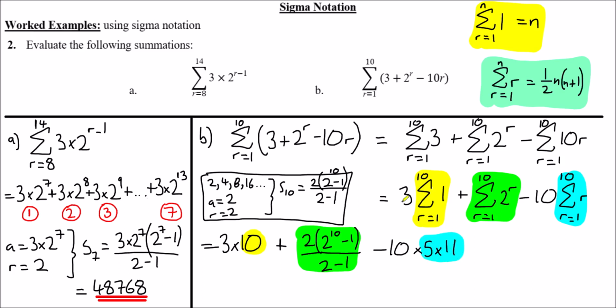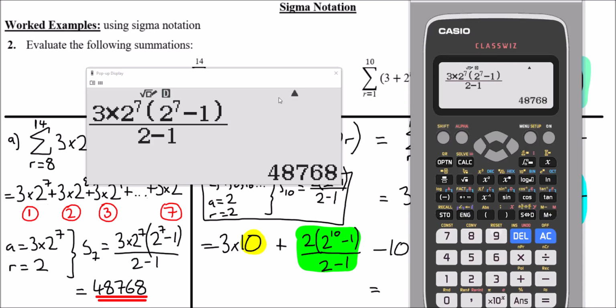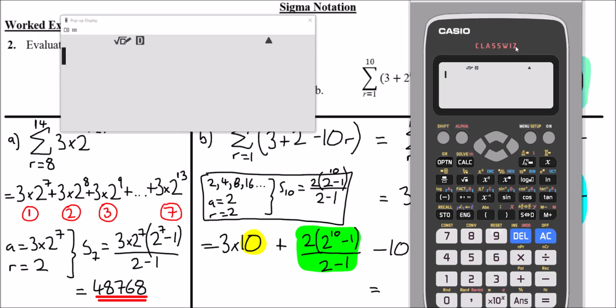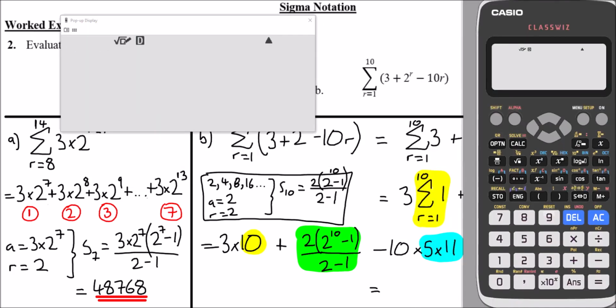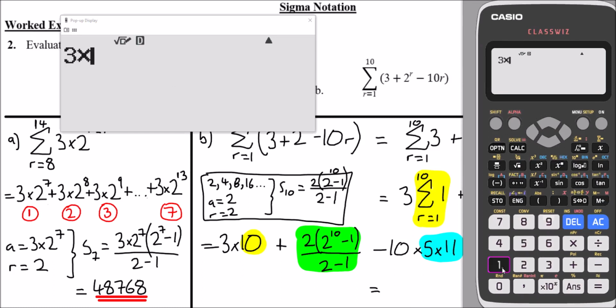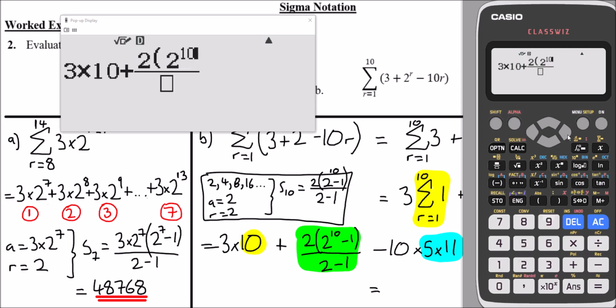So if we just type this into the calculator and see what we get, that will be our final summation. So just be careful as you type it in. So we're going to have 3 times 10 plus, then brackets 2 to the power 10 minus 1 all over 2 minus 1.